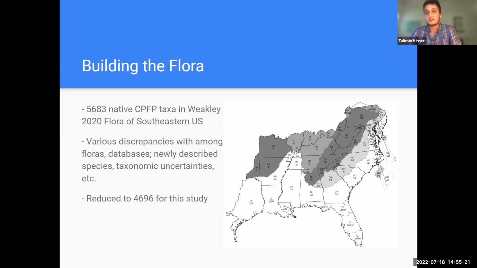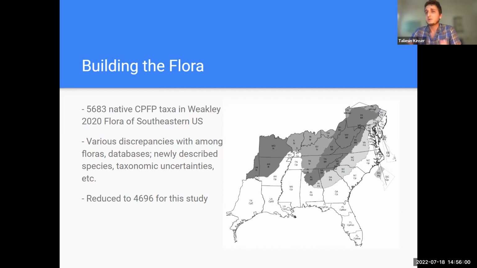Whenever you're dealing with a broader geographic extent, especially if it extends into multiple states, not only are you dealing with more and more species, but you're also dealing with more concepts of what those species are. Each state is going to have its own flora or sets of flora that may disagree over what different species are.